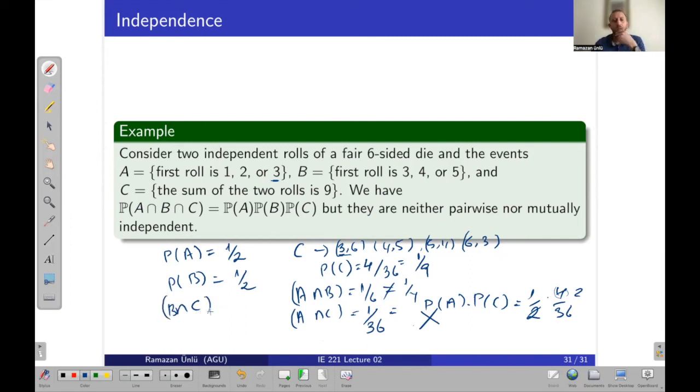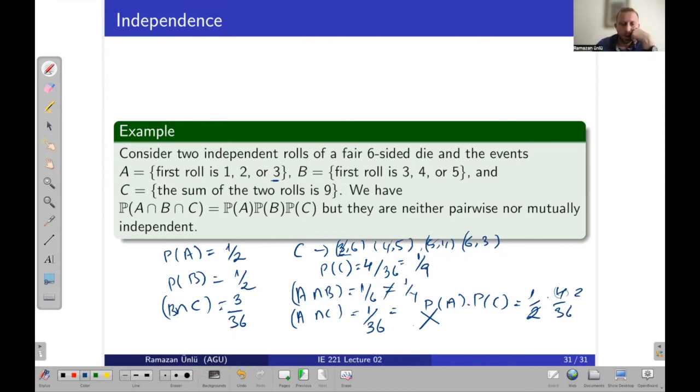BC. So in this case, B and C, what is the B? The first roll is 3, 4, and 5, right? There are 3 pairs. So the probability of B intersect C will be 3/36, right?